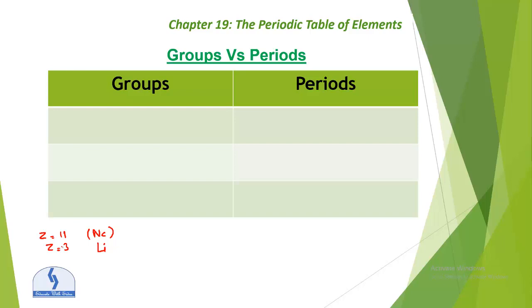Now the difference between group and period. What is a group? A group is a vertical column of elements in the periodic table, while periods are the horizontal rows in the periodic table.